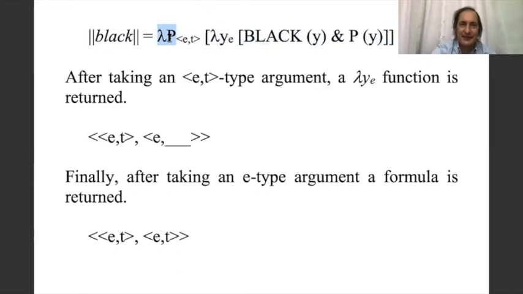After it gets something of type ET, the next thing it says is, give me something of type E. That means we have another function that takes an E-type expression and gives back whatever this is.